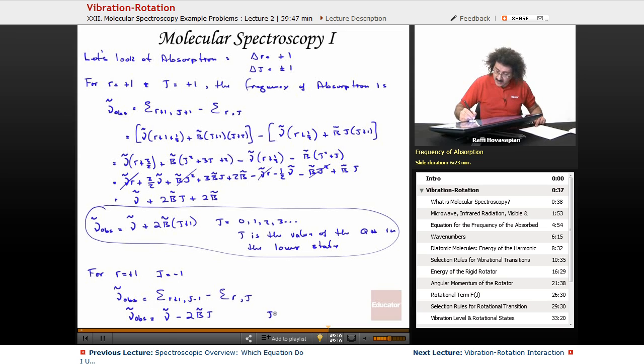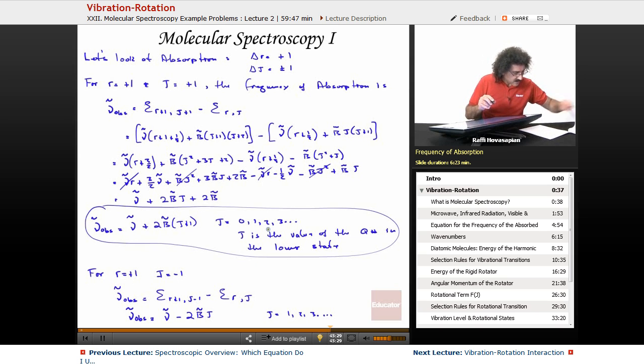Here, j takes on the values 1, 2, 3, and again, j here is the value of the quantum number in the lower rotational state. Okay, that's why there's a difference between these two.